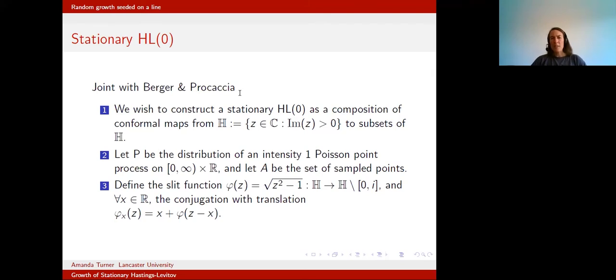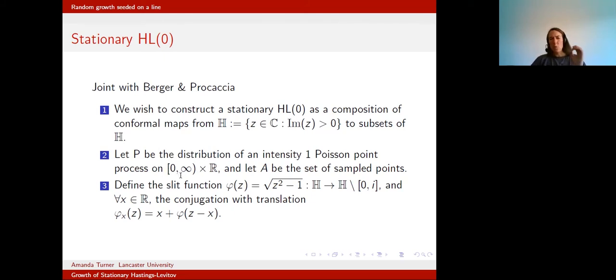But what we can do instead is construct a Poisson point process, where time is 0 to infinity. If we view time crossed with space, we can construct a Poisson process in this space-time.